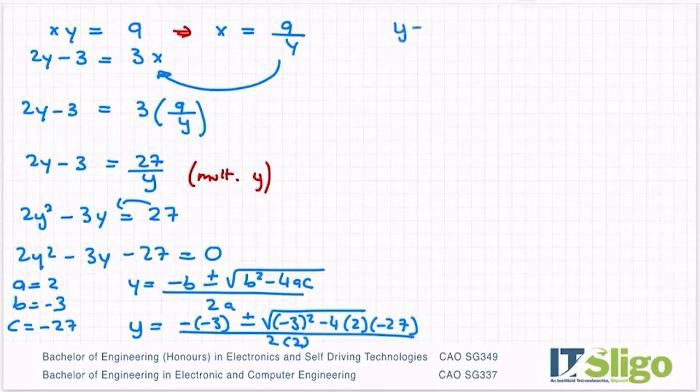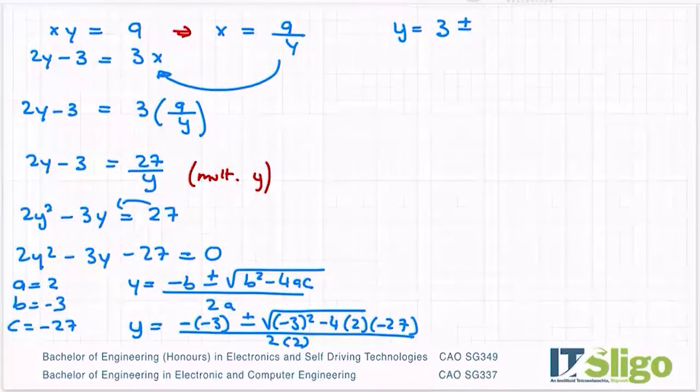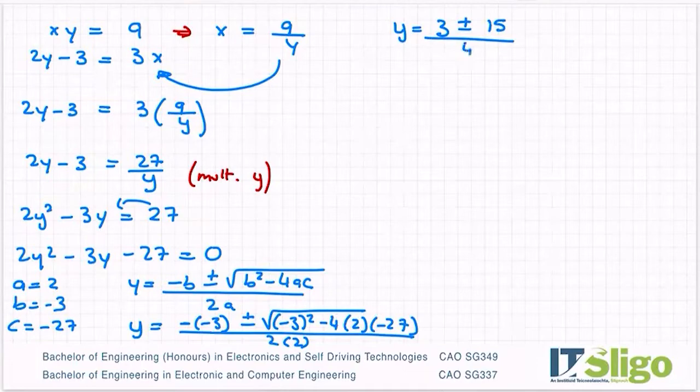Okay, so now I have y equal to 3 plus or minus the square root of, and actually I'll put that square root all into the calculator: square root of bracket minus 3 squared minus 4 bracket 2 bracket minus 27. So I'm getting 15. I've put the square root sign into the calculator already, so I don't need to write it down there, over 4.